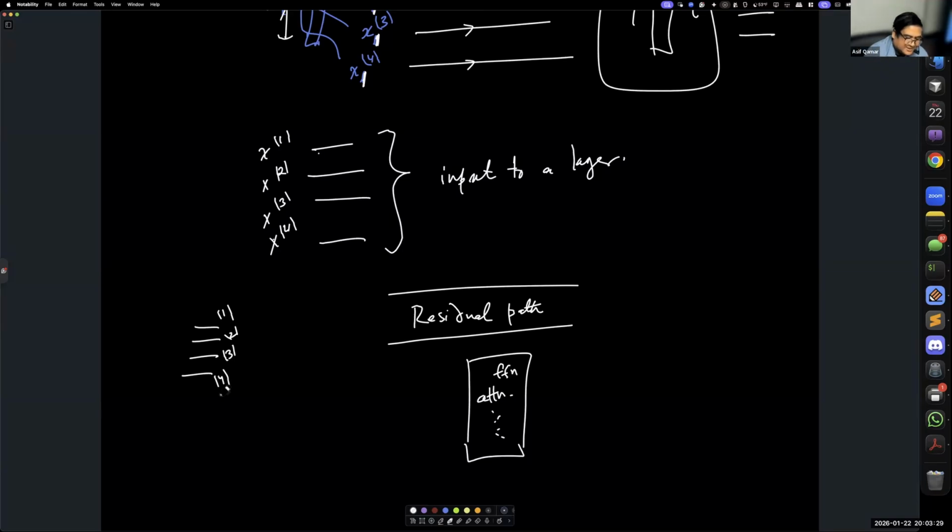So what you do is, for the residual path, you mix these signals up. Imagine there is a mixer, and what the mixer does is it creates 4 new signals to go over the residual path. Is it making sense? You take the input signal and use a mixer to mix them up and create 4 new signals out of it.